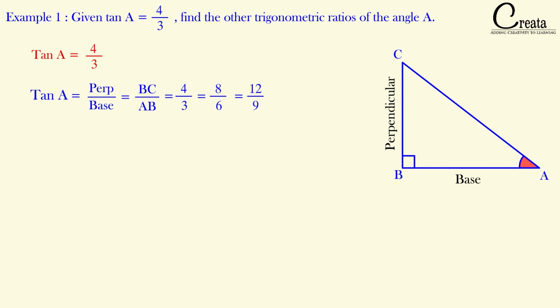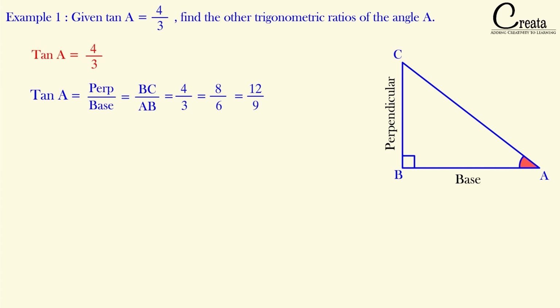So note that here BC is not 4 and AB is not 3. But we can say BC is multiple of 4, that is it can be 4, it can be 8, it can be 12, like 4 into 1, 4 into 2, 4 into 3. Similarly, AB can be 3, 6, 9, somewhere in this range like 3 into 1, 3 into 2, 3 into 3, somewhere in this multiple range of 3.